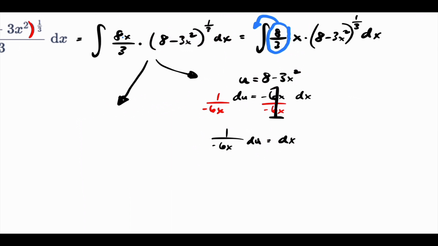Okay, so 8x over 3, U to the 1/3, 1 over negative 6x du.